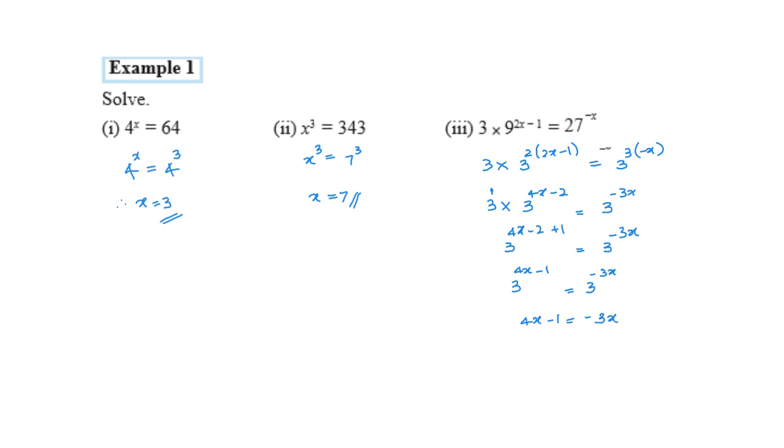So you can take minus 3x to the left hand side. Then you have 4x plus 3x here, and I'll take minus 1 to the right hand side. Then it becomes positive 1. Then 7x equal 1. Then x equals 1 over 7. You have to divide both sides by 7.